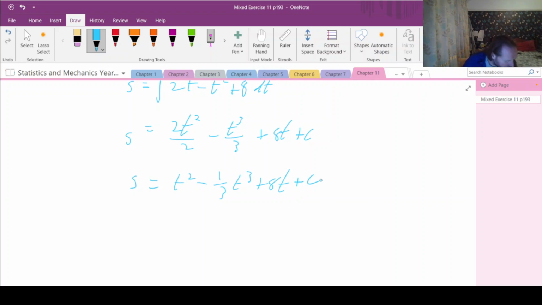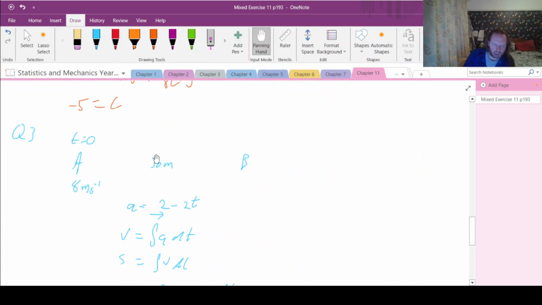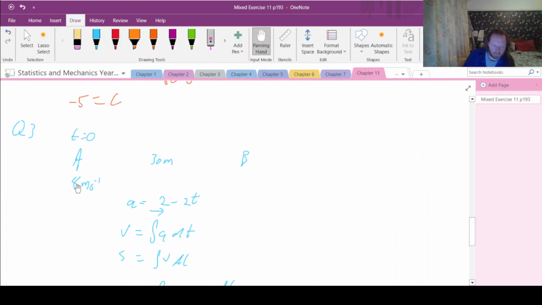How can I deal with that plus c? Well, at t equals 0, s was also equal to 0 because we started the journey here.